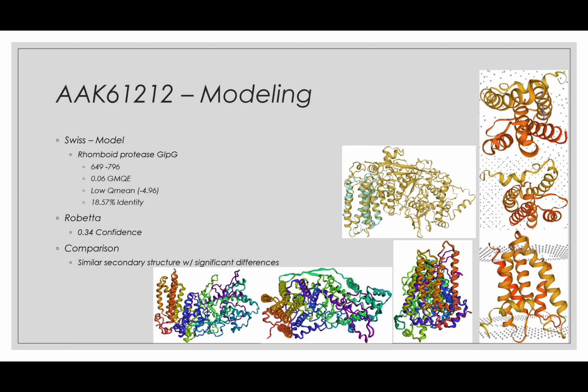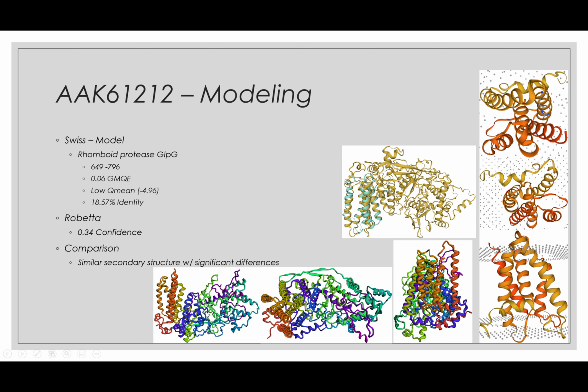And now looking at the modeling, we can see that the Swiss model gave a rhomboid protease, but it did give low scores, even a low QMEAN at negative 4.96, where negative 4 is typically the cutoff. And Robetta had a 0.34 confidence for the structure that it created.